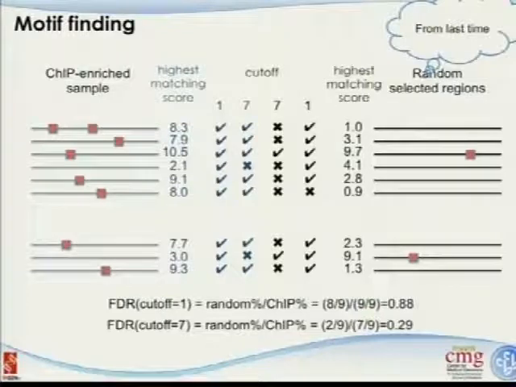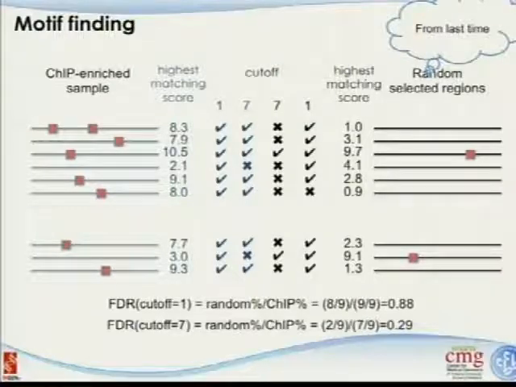In terms of motif finding, this is how we do it. For each individual ChIP-seq derived sequence, we calculate the highest matching score, and then we also select random regions, where hypothetically there's not much enrichment of binding, and calculate the highest matching score as well. Then you shift your cutoff. If my cutoff is 1, the percentage of random divided by the percentage of ChIP-derived signals is 0.88.